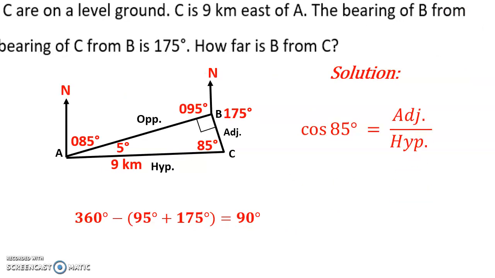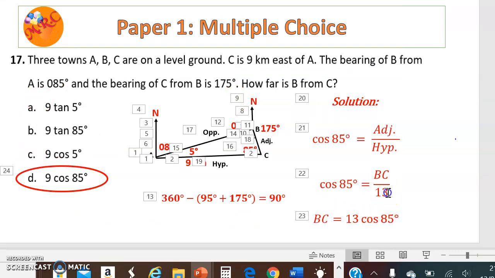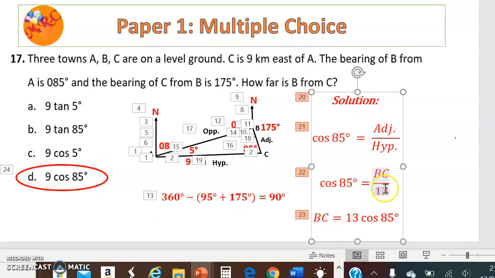So the solution is that we have cos 85 equal adjacent over hypotenuse, and the adjacent side we do not know the value, so it's just BC, and the hypotenuse is, oh, there's an error here in the calculation. Alright, so this should be 9.